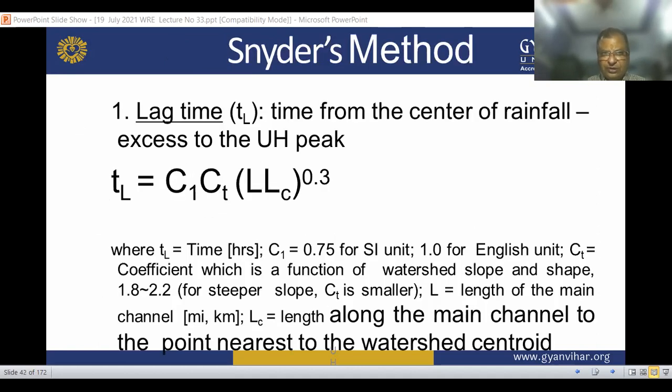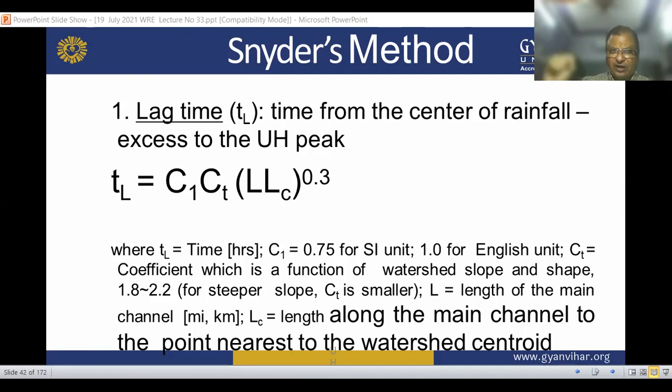Now lag time, TL, is the time from the center of rainfall excess to the unit hydrograph peak.